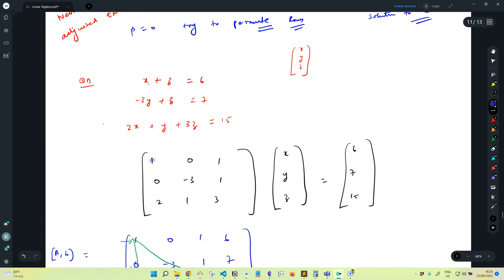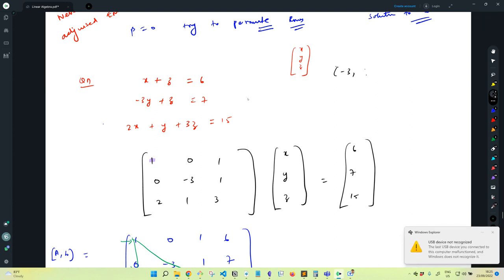Minus 3, 6, and if I substitute minus 3, minus minus 3 plus 9, yeah, this is matching. I think the solution that we obtained is minus 3 comma 6 comma 9, right?